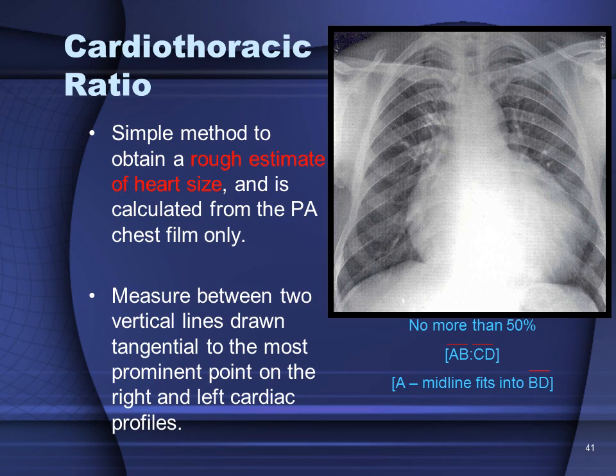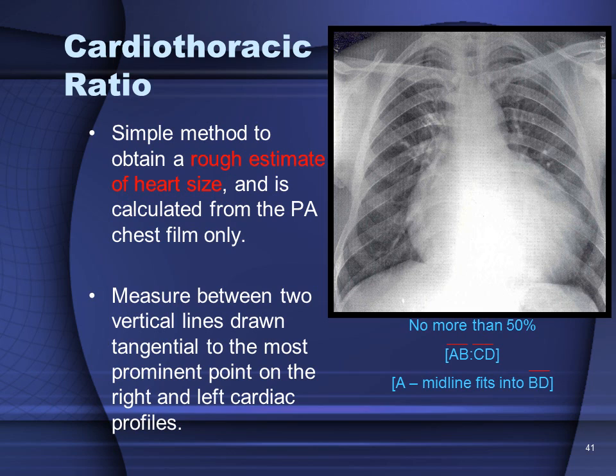If we examine the film, we draw a line from A to B, place it over the distance from C to D, and clearly the cardiothoracic ratio in this patient is greater than 50%, and it is indicative of both left and right-sided cardiomyopathy or heart failure.